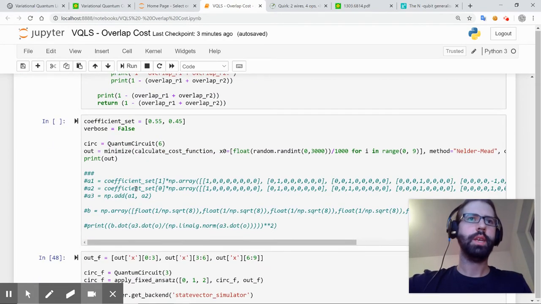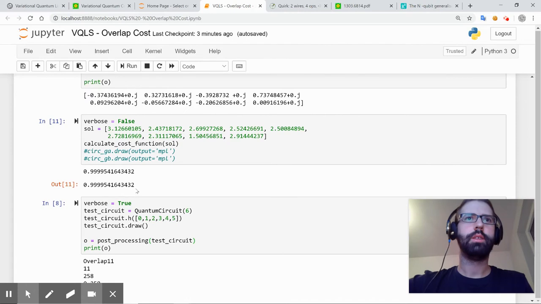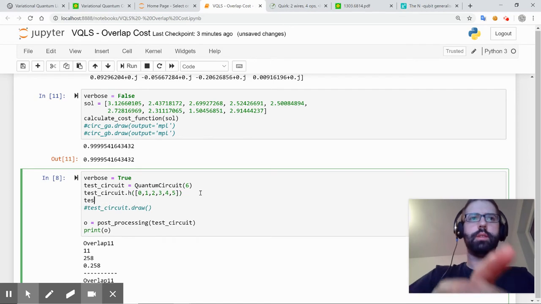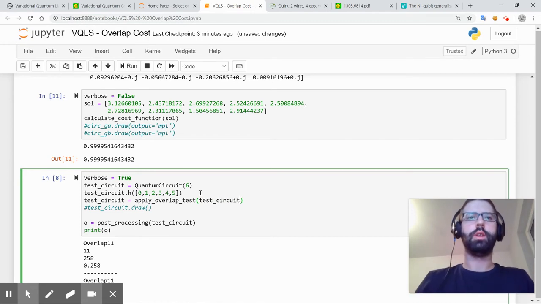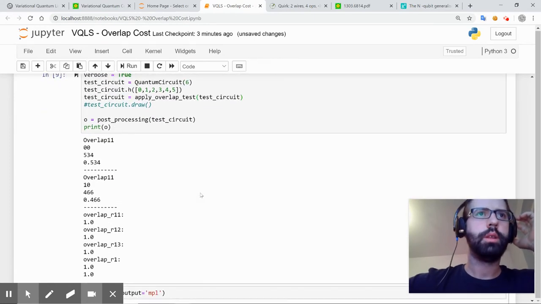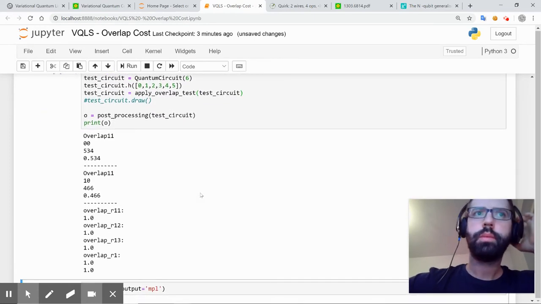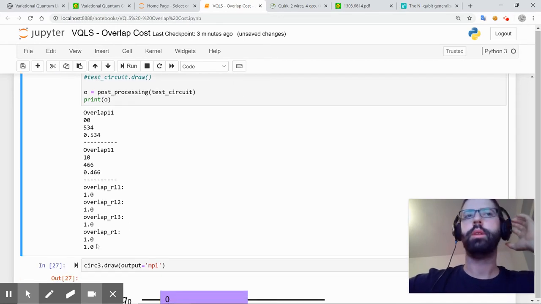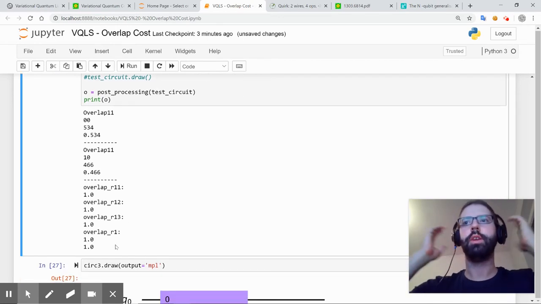Sorry. So I should do test circuit equals apply overlap test circuit. Okay. Yeah. Okay, now it works. Overlap is 1. Makes sense. Okay, so the function works well.